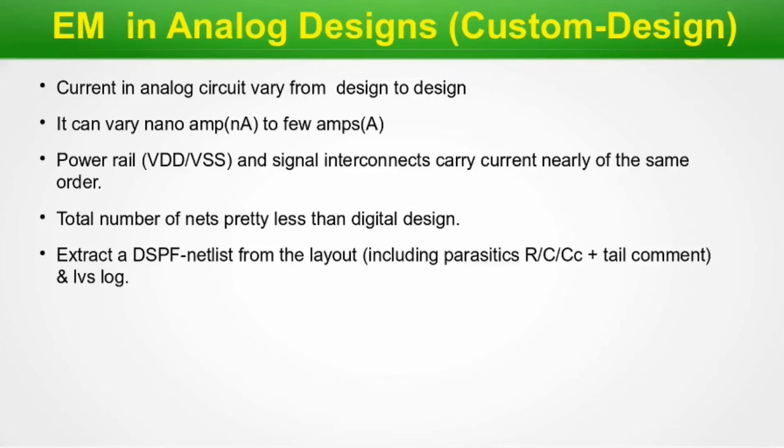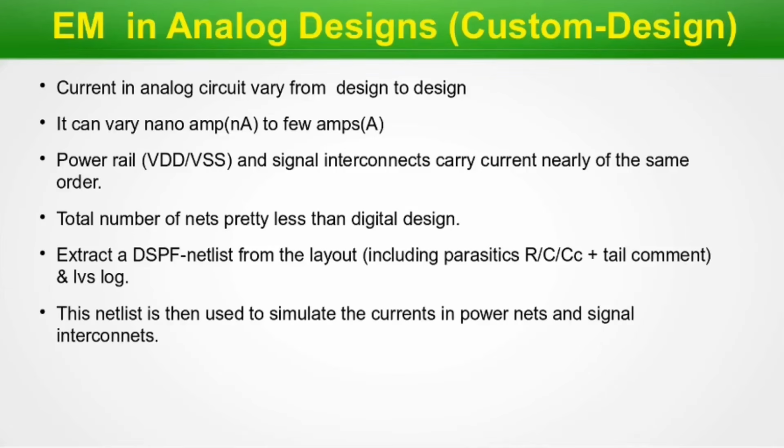In analog designs, whether it is full custom or semi-custom, in any case we extract a DSPF netlist from the layout, which includes R, C, CC plus the tail comments. This is a very important point, the tail comments and also the LVS log. This netlist is then used to simulate the currents in the power nets as well as the signal interconnects.